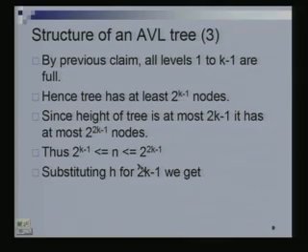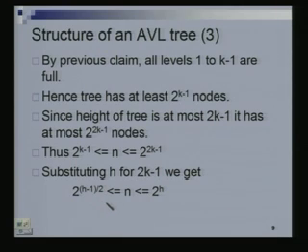Since we have been using h for the height, let us substitute h for 2k minus 1. Let us see what this equation will look like. This becomes 2 to the h, and this becomes 2 to the (h minus 1) by 2. It is the same thing I am showing you over and over again. What is this saying? If you have an AVL tree of height h, then it has at least 2 to the h by 2 nodes, as we had shown earlier.